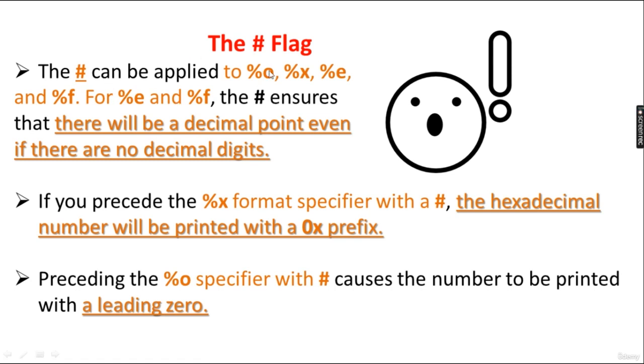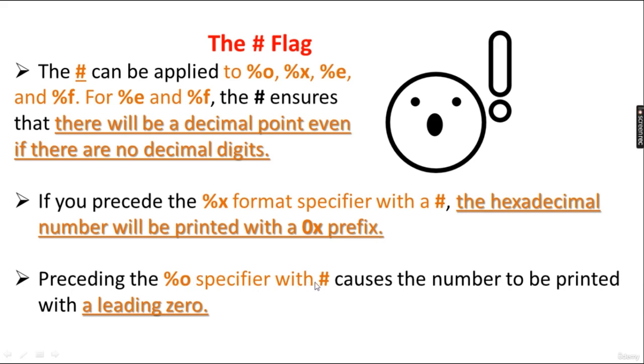The hash can be applied to octal, hexadecimal, exponent, %f, float. For E and F, the hash ensures that there will be a decimal point, even if there are no decimal digits. If you precede the %x format specifier with hash, the hexadecimal number will be printed with 0x as a prefix.